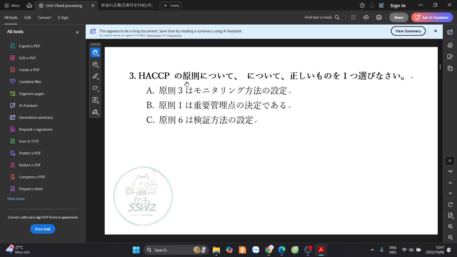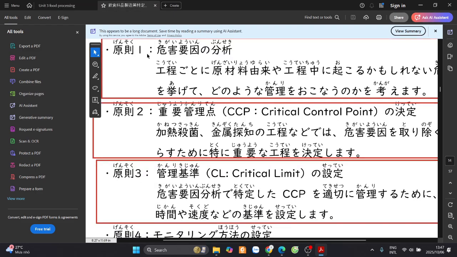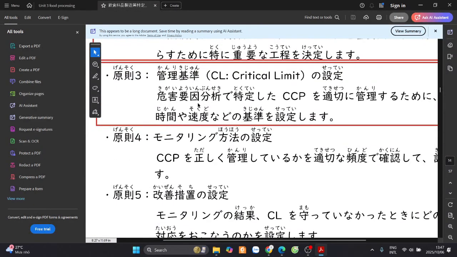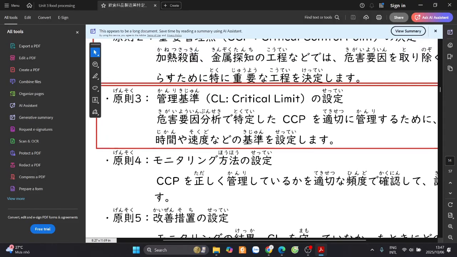And the A answer is 原則3 is monitoring, but in the book they said 管理基準を設定, so we set the critical limit in 原則3.